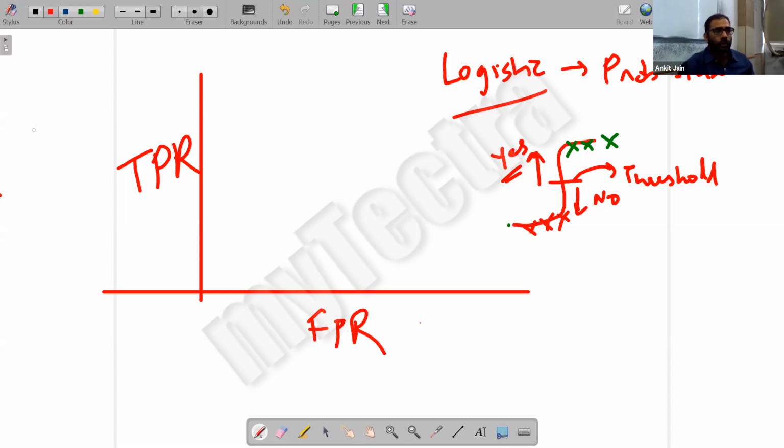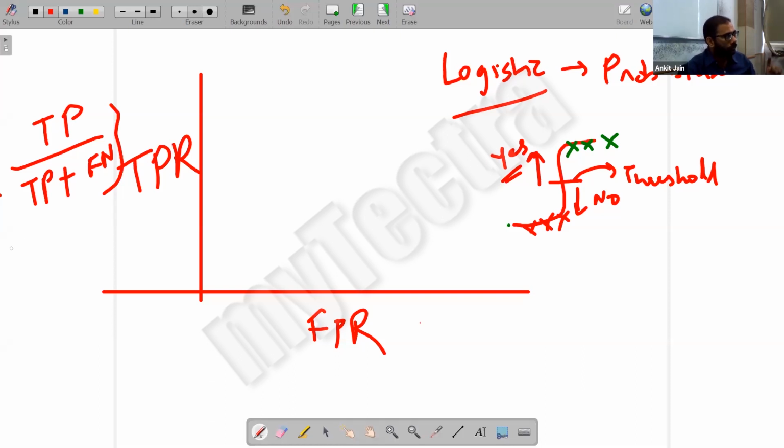Online you can just look up the formula for true positive rate. TP upon TP plus false negative, correct. Good. The way to remember is, what does false negative mean? It is very simple.